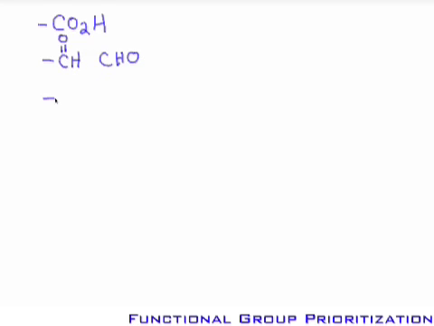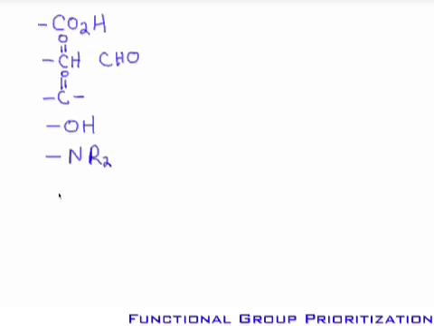This is followed by the ketone, which does not have the H. And this is followed by the alcohol group, which is followed by the amine group. And because you can have H's or carbons, we'll put an R2. R could be H or carbon.